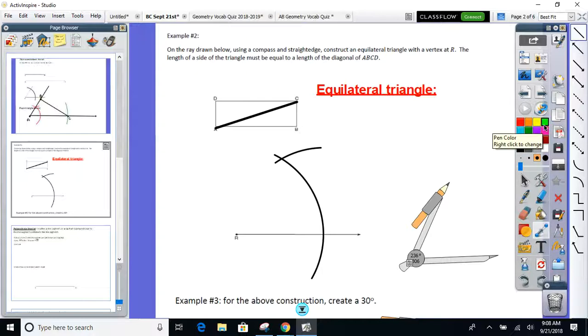No big deal. Take R, connect it to the point of intersection. And where else do you think I should connect it? Yep. From the point of intersection on the ray up.